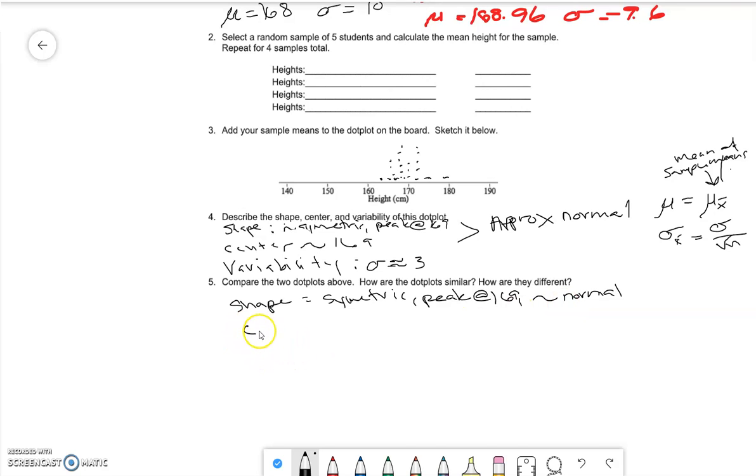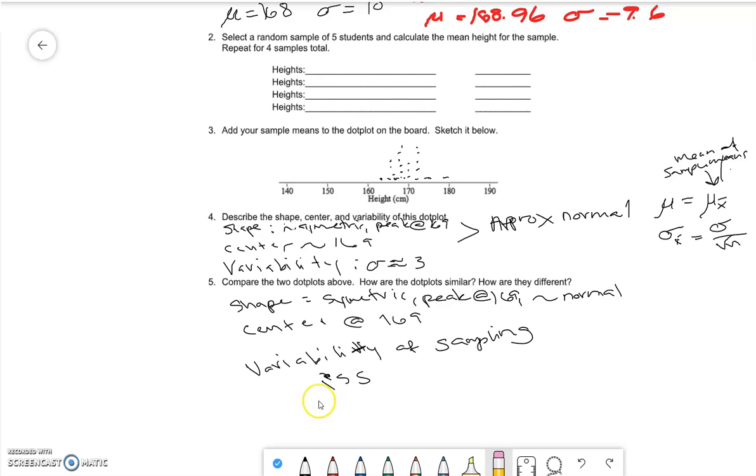The center is the same, but the variability of the samples is much smaller.